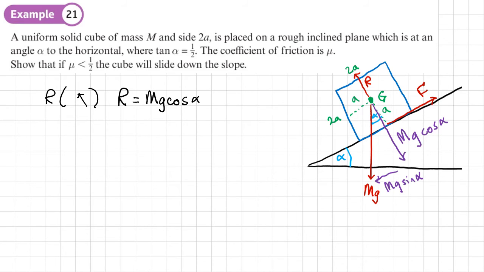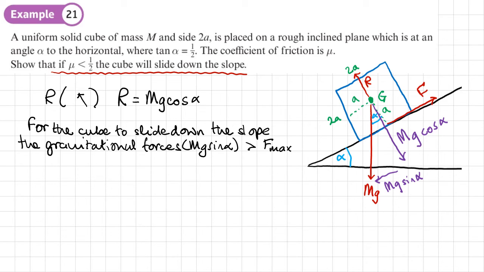Now it says we need to show that if mu is less than 1/2, the cube will slide down the slope. Now, for this cube to slide down the slope, the gravitational force, that is mg sin alpha, because there's no other forces acting on the cube, needs to be greater than the frictional force, or greater than F max.